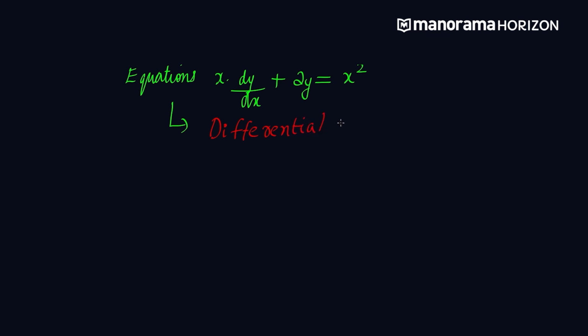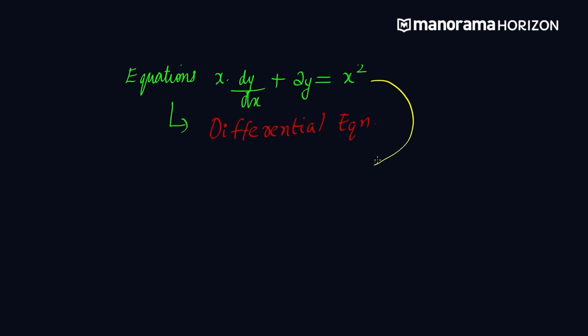Sometimes we get equations of the form x into dy by dx plus 2 into y is equal to x square. It is a differential equation. But how to solve it? Any idea?